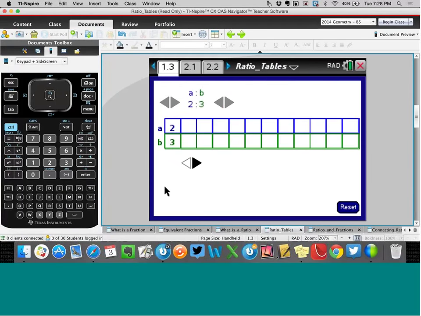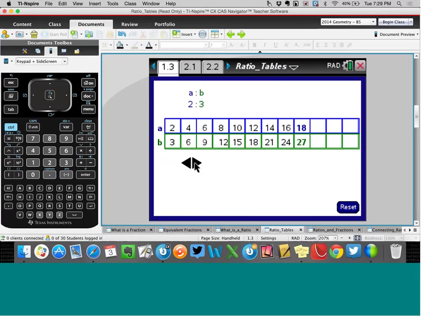So we've been looking at ratios in terms of that visual of the circles to the squares. Now we're just going to look at the numerical representation of those ratios. So let's look at this ratio table for just a minute.